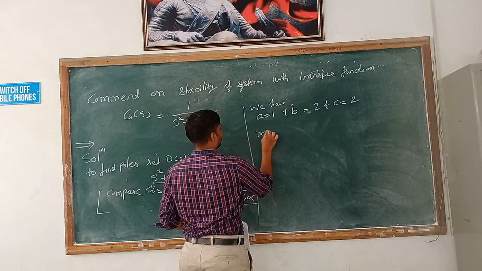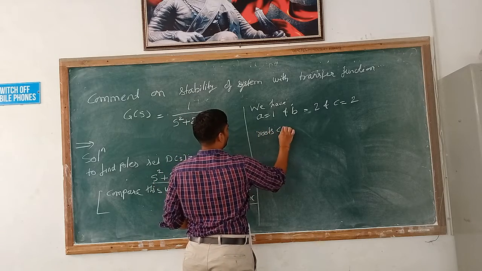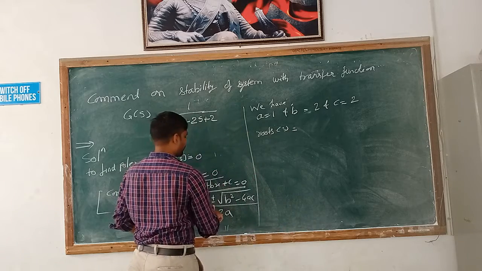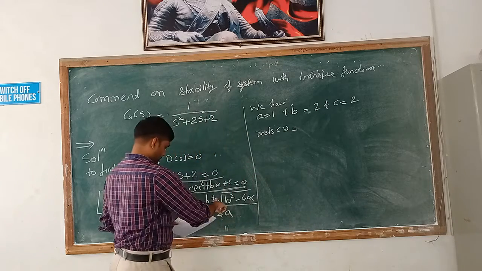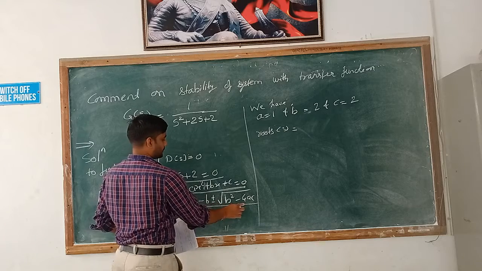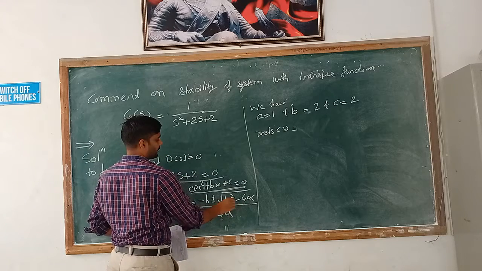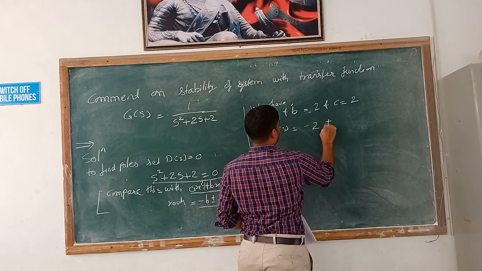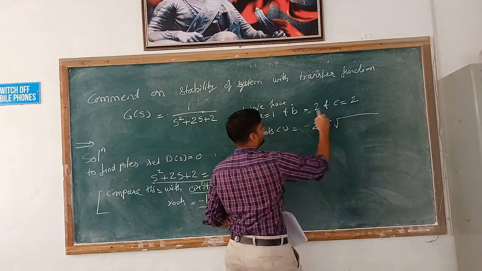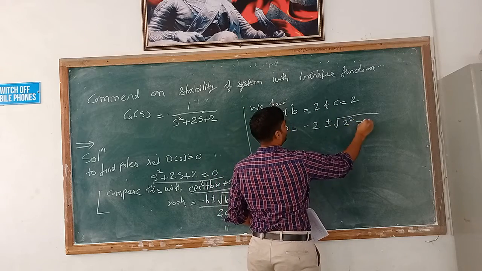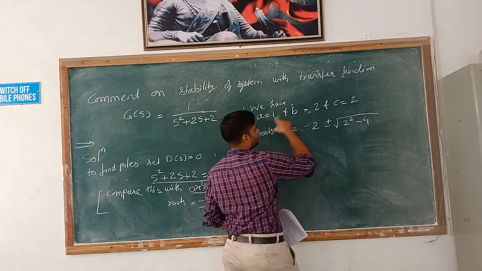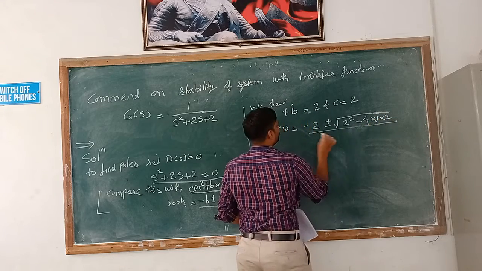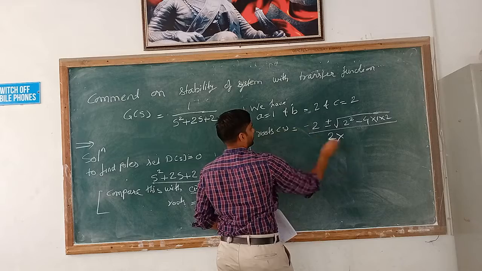So roots are simply equals to this formula, minus b plus minus under root of b square minus 4ac upon 2a. We have this b as minus 2 plus minus under root of b square means 2 square minus 4 a into c upon 2a. Value of 2a is 2.